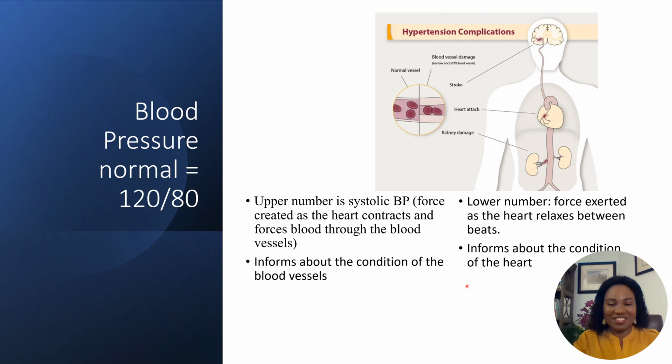So what I'm trying to say here is that the lower number informs us about the condition of the heart. Okay, so you have a brief idea about what these numbers entail.